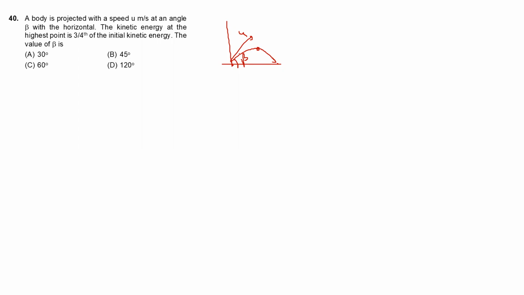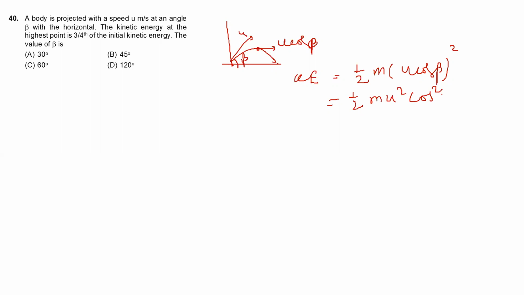Friends, at the highest point you know only u cos beta. So kinetic energy at the highest point is equal to half m (u cos beta) whole square, that is half m u square cos square beta.